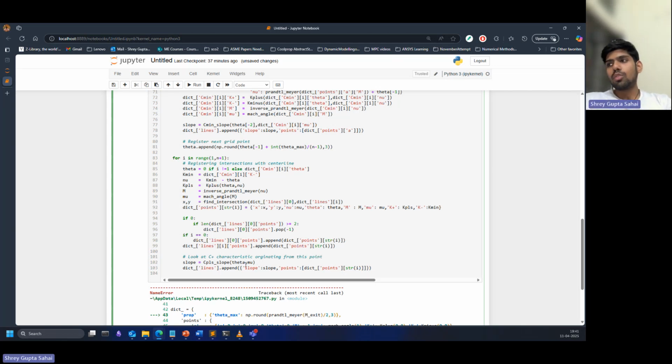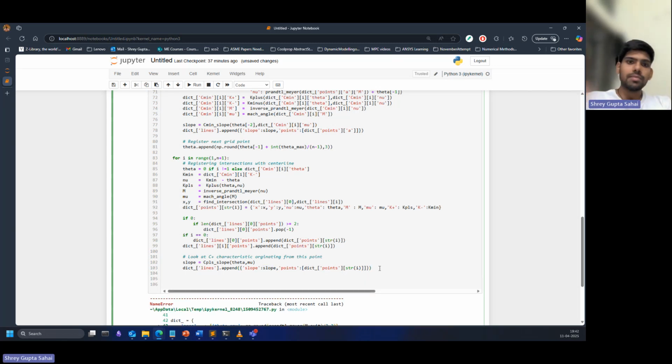We find the slope of this line, whatever this line is, and we store this line. We find a slope for this C plus line, store it, and we know that the last point, the point we have found out recently, is the point at which it originates. So we use that.